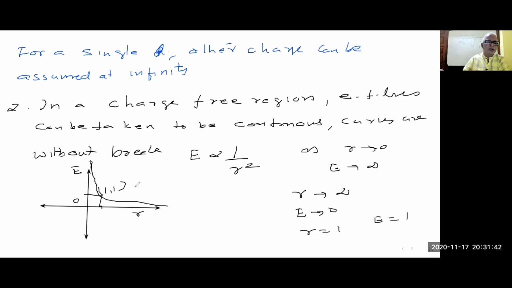It never touches the y-axis or the x-axis; mathematically it goes asymptotically. So it cannot have a sudden break, because mathematically it is 1 by R square, and physically, charge is conservative. Charge cannot be destroyed. If charge were destroyed, the curve would vanish at that point and there would be a break.